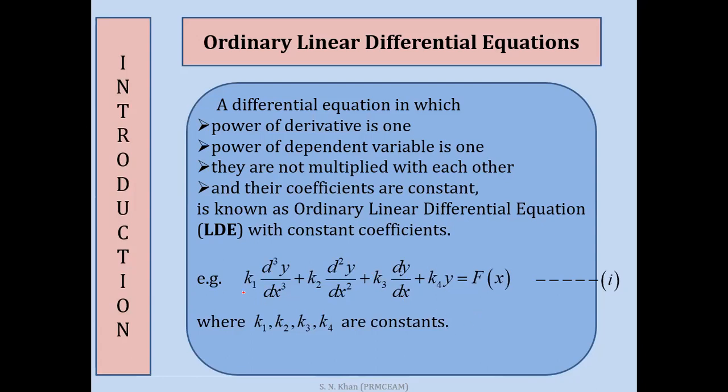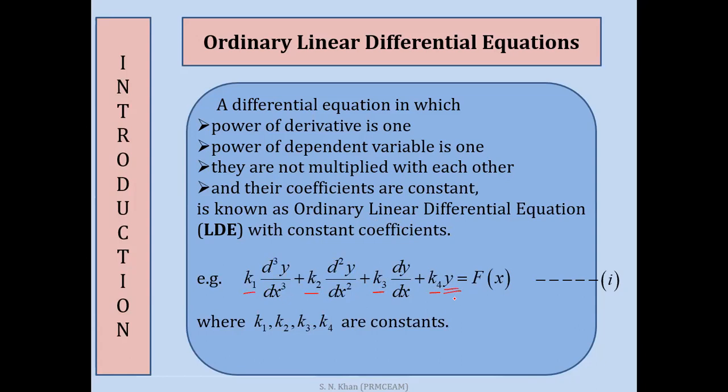We can see that the coefficients of the derivatives and the dependent variable are k1, k2, k3, and k4. It means that it is a differential equation with constant coefficients. And all the derivatives are ordinary, the operator d by dx is used here. It means that the derivatives are ordinary. Next thing, it is linear also, because the power of each derivative is 1, and the power of the dependent variable is also 1.